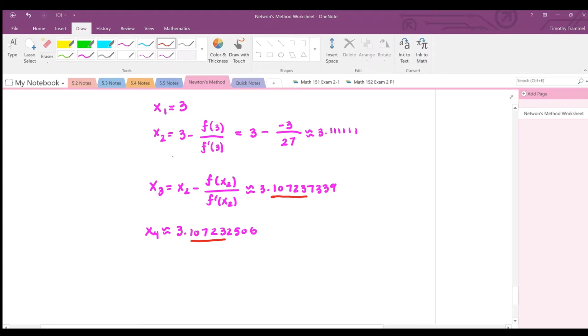So if we were to record what the cube root of 30 is approximately equal to, and you can verify this on your calculator, it's approximately equal to 3.10723. Technically, I didn't need to write the 3 there, but since we know it's accurate to that spot, let's write it.